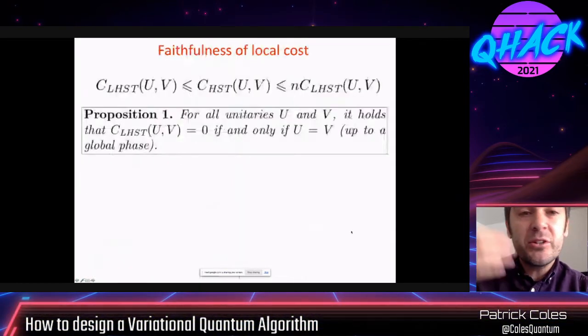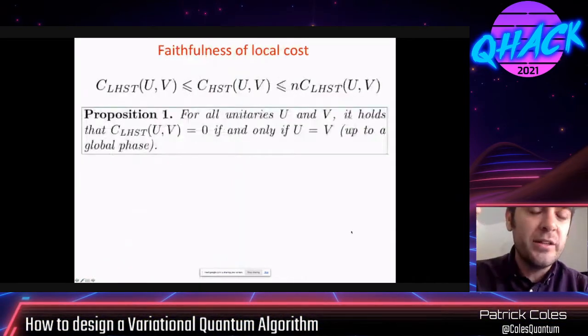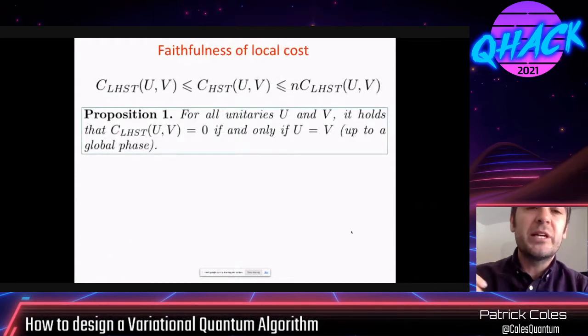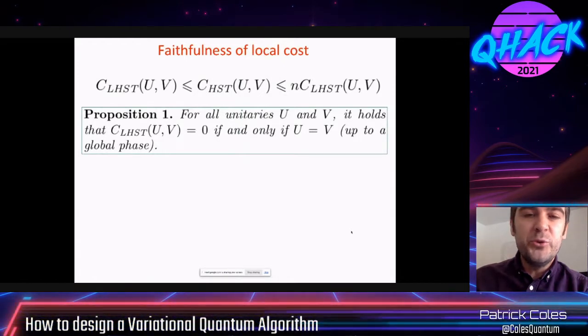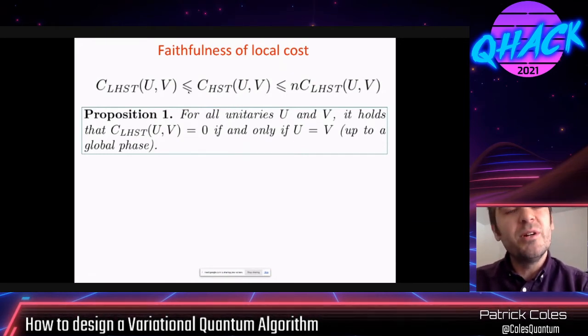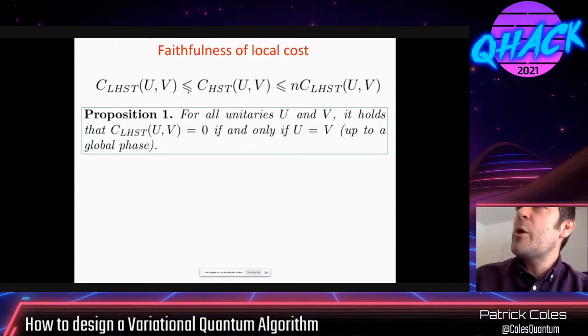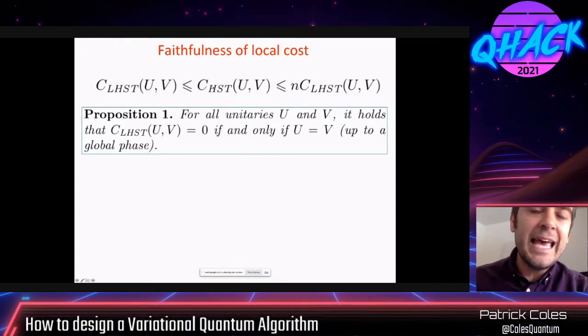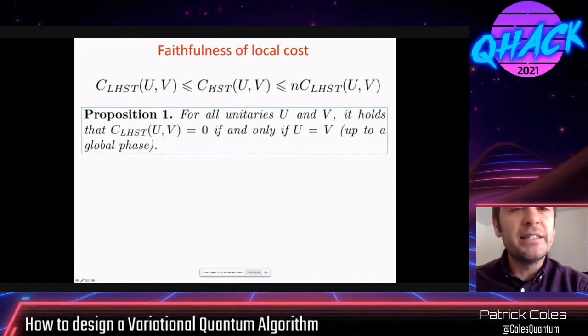But sure enough, we can go back and make sure that our local cost has all of the desired properties that we want. We can show that it's faithful: it vanishes if and only if u is equal to v up to a global phase. The way we prove the faithfulness is by this nice sandwich inequality, which shows the equivalence of the local cost and the global cost: the local cost is less than the global cost, but the global cost is less than n times the local cost, where n is the number of qubits.